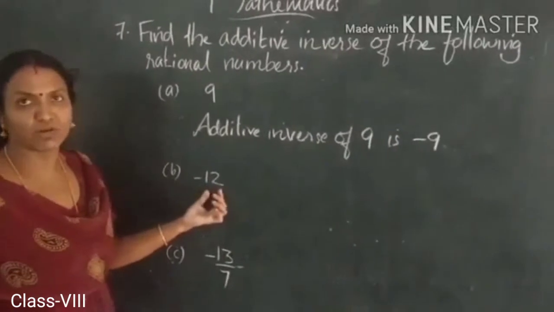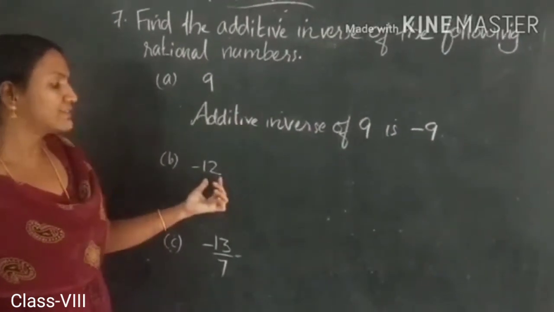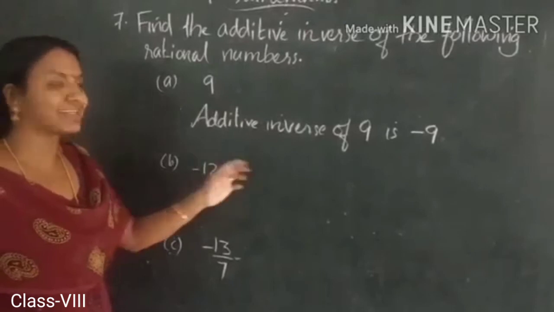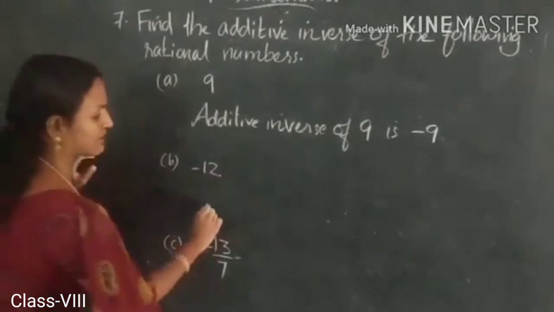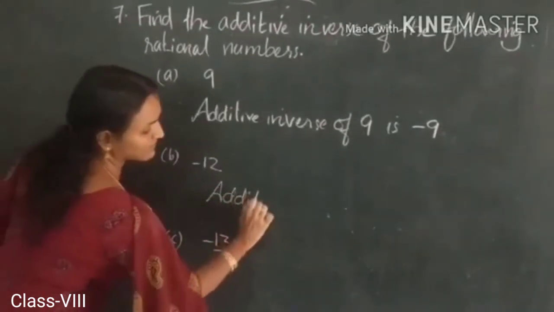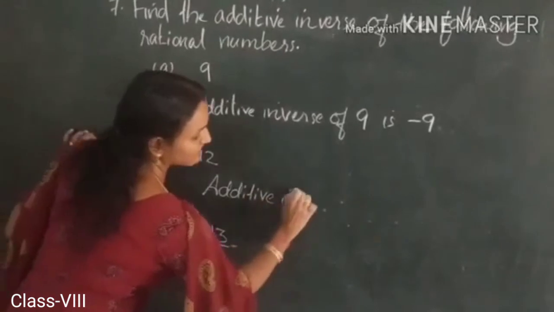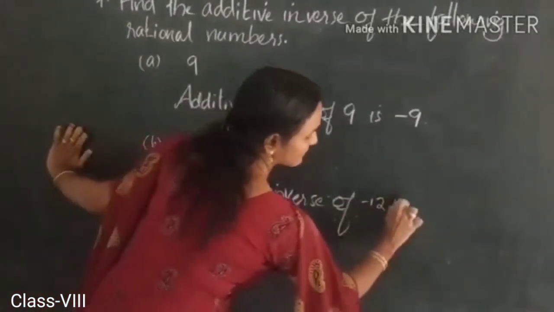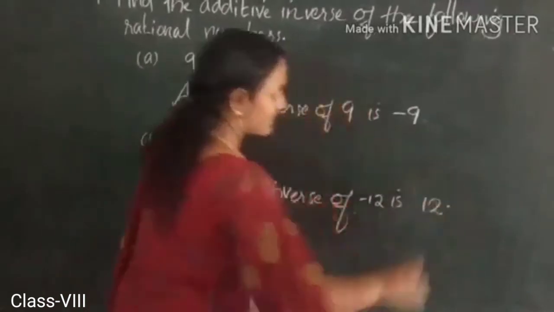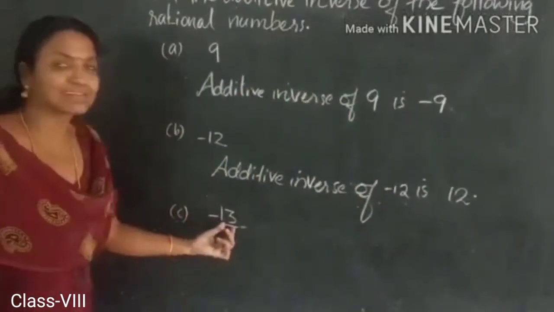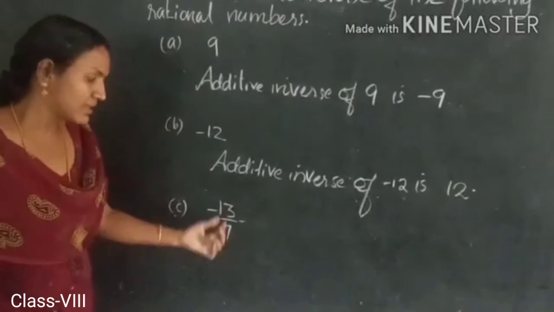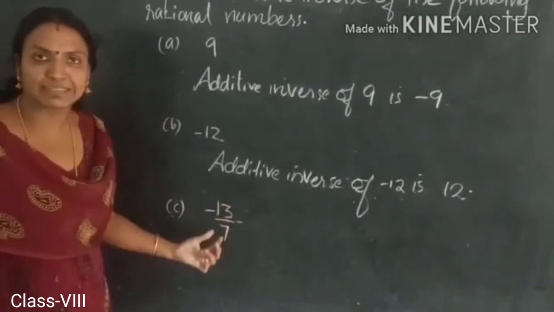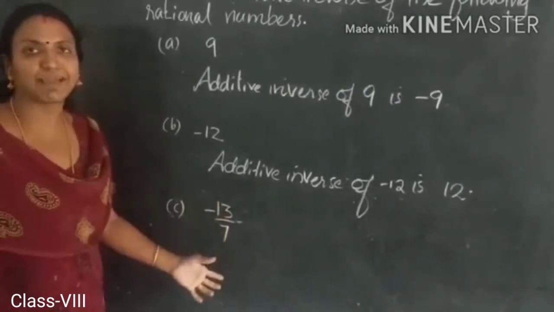Minus 12. The additive inverse of minus 12 is, only change the sign, plus 12. Finally, minus 13 by 7. So the additive inverse of minus 13 by 7 is plus 13 by 7.